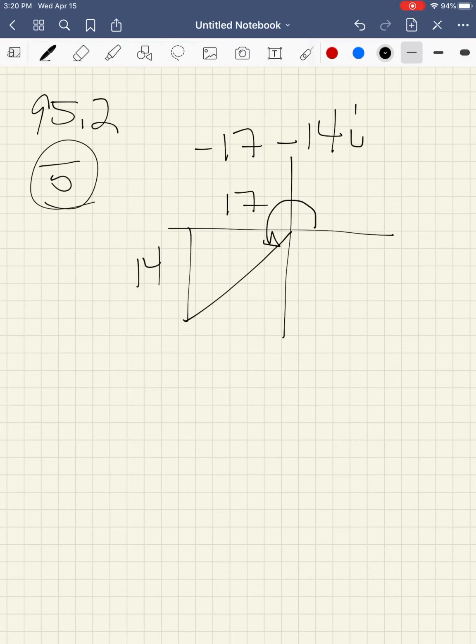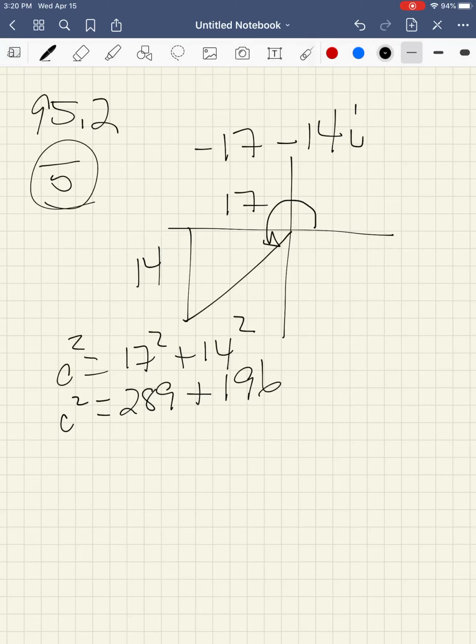So we use Pythagorean theorem. C squared will be equal to 17 squared plus 14 squared. 17 squared is 289. Plus 14 squared is 196.